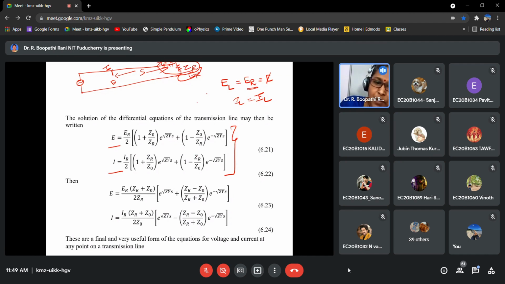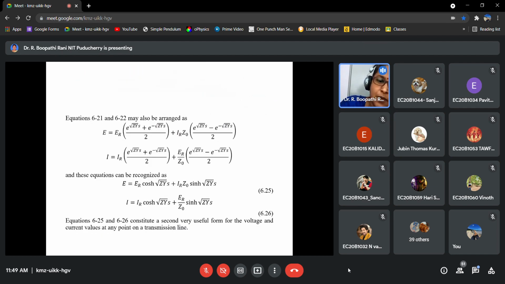Okay, here we obtained one expression. This can be rearranged and written in this way. This is another format. This has some special meaning that we will be discussing in future classes. Similarly, these two sets of equations can also be written in this format, and this can be e power theta plus e power minus theta divided by 2.